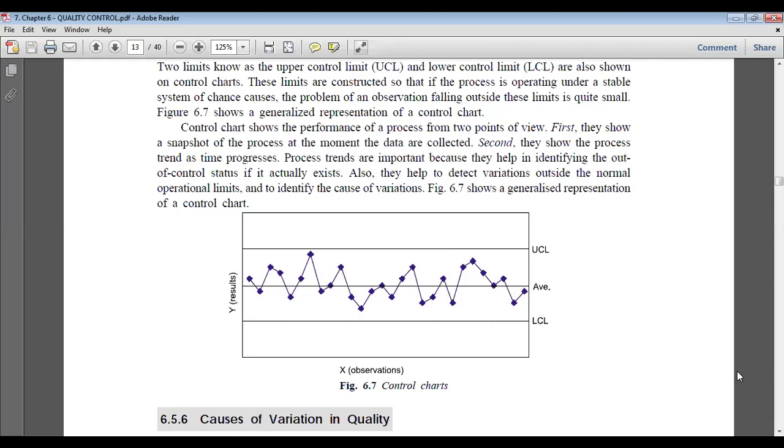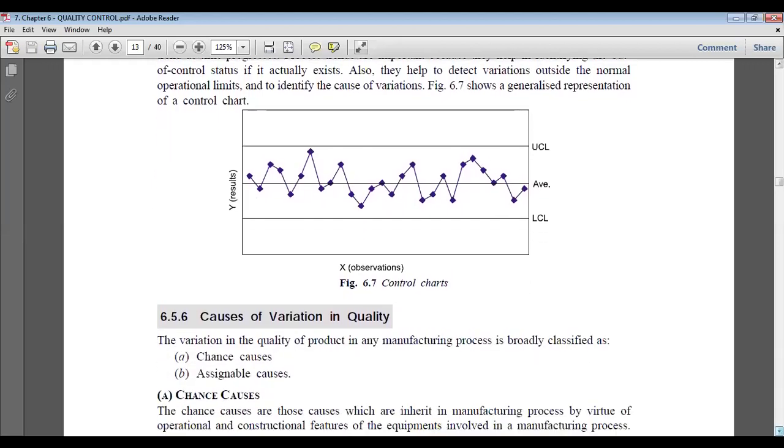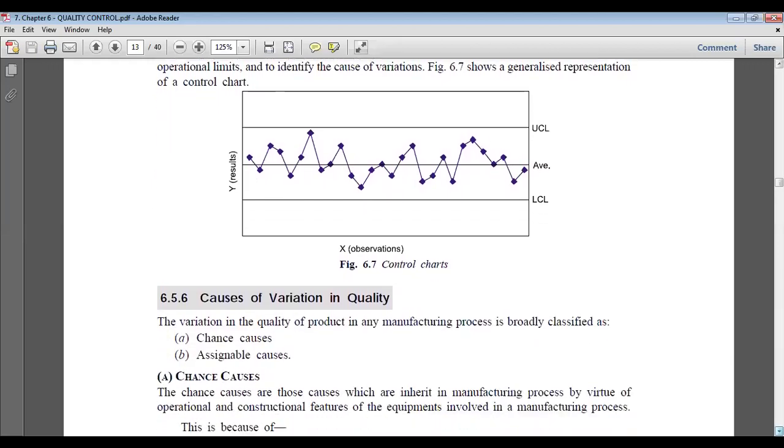For a suitable sampling plan, we have taken samples rather than checking 100%, as we have already discussed. Now we will plot the samples on this control chart, and then we will see what the variations and causes are.